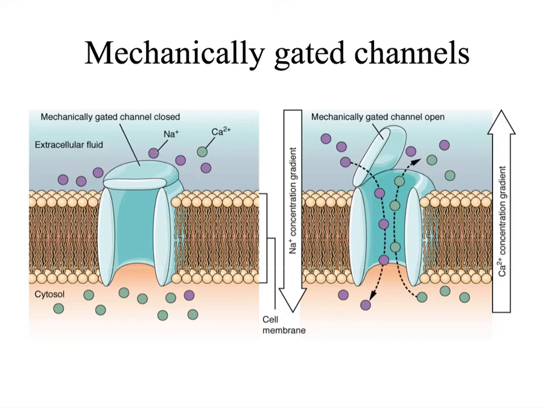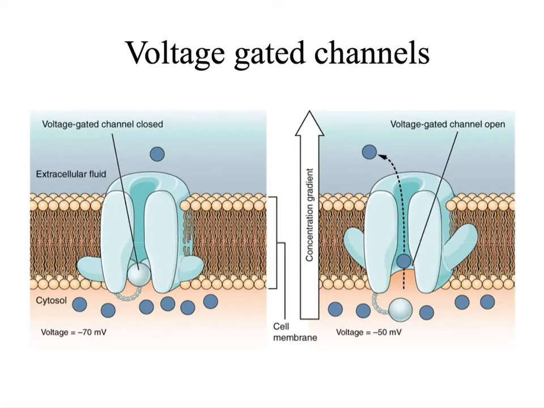And once there is a deformation in the receptor, it's going to cause the gate to open, and again, then you've got the ion movement. Another example would be a voltage-gated channel. And these are the ones that we're talking about when we're talking about transmission of an action potential down a neuron cell membrane.